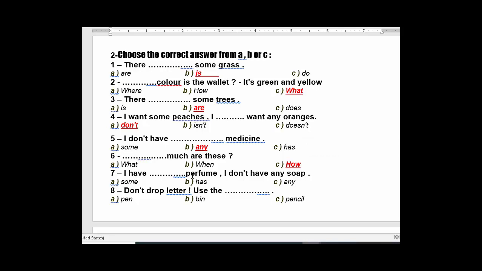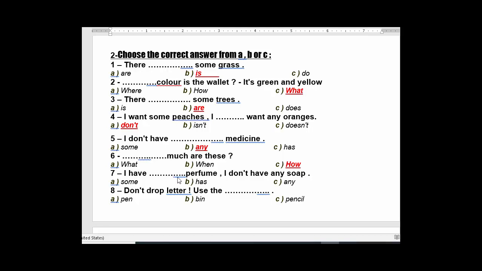Okay, number seven. I have blank perfume. I don't have any soap. Some, has, any. Okay, I have blank perfume.